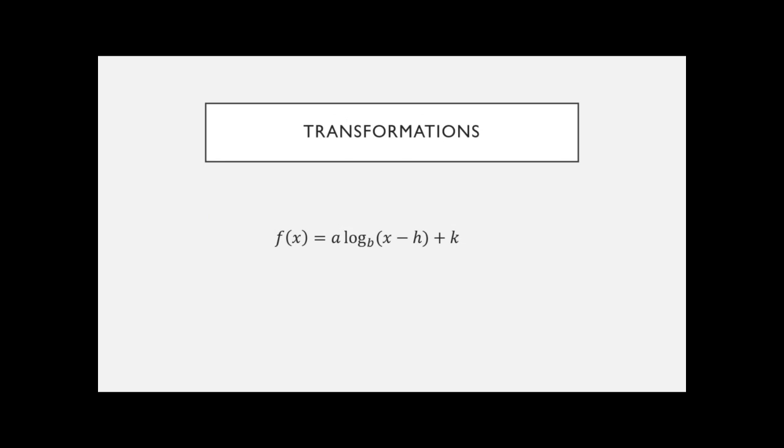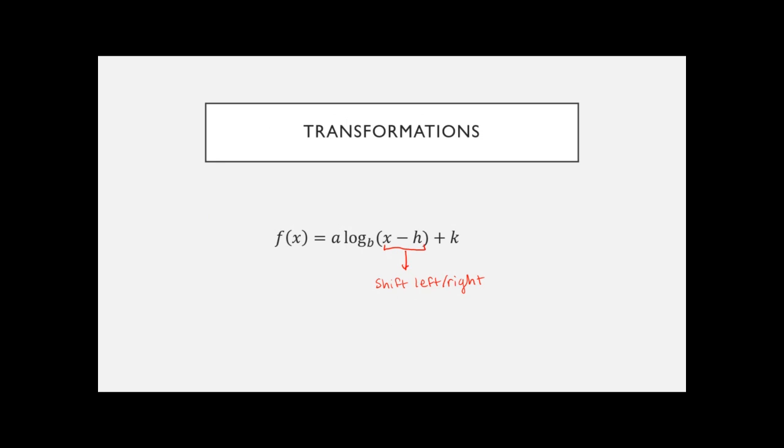So transformations, we've talked about this before, where you shift left, right, up, and down. How does that work when you have a logarithmic function? Anything that happens inside with x shifts left and right, and we always do the opposite. So if it's a minus, that means we shift right.